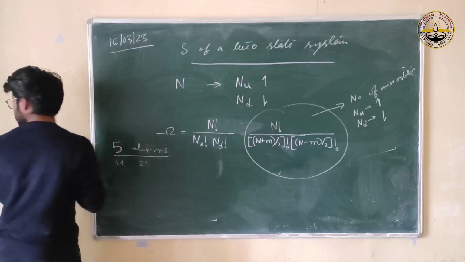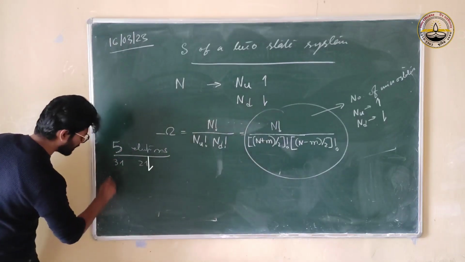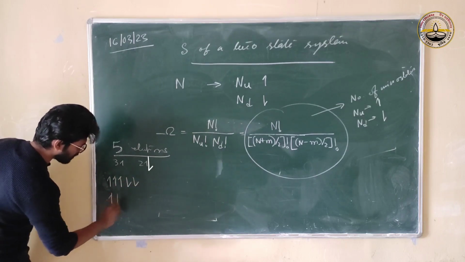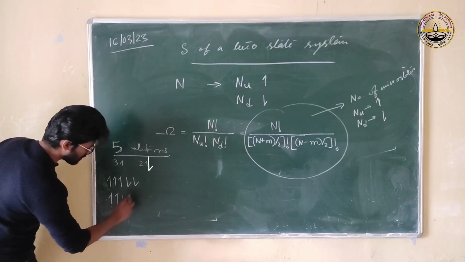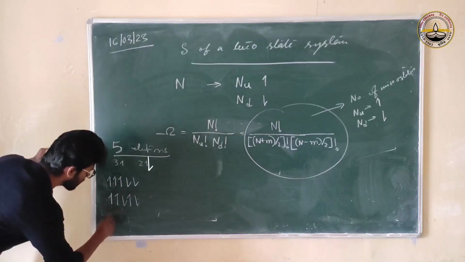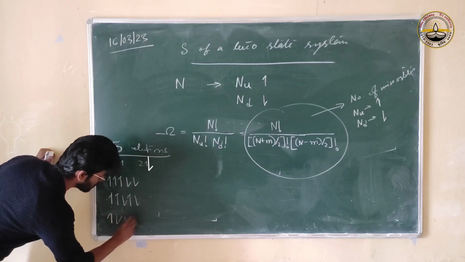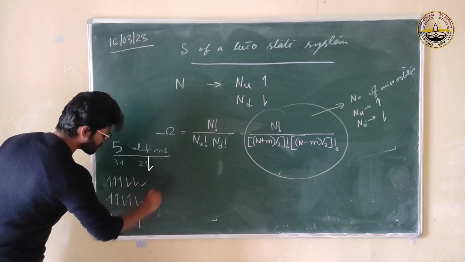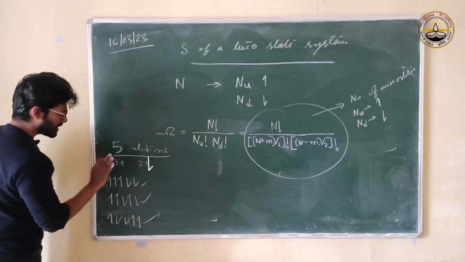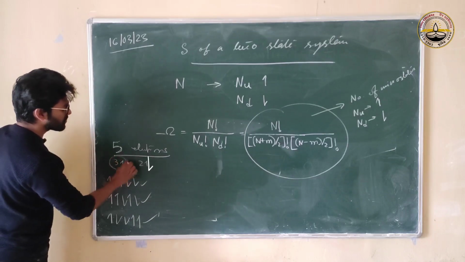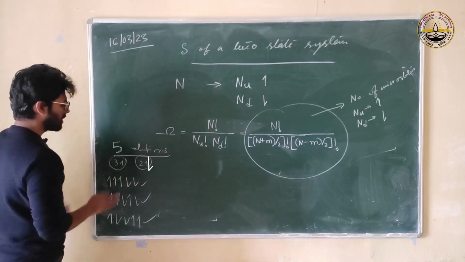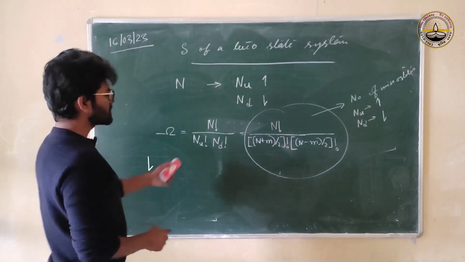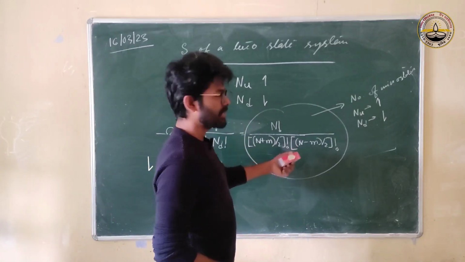So it could be either up, up, up, down, down, or up, up, down, up, down, or up, down, down, up, and so on. It doesn't matter. These are microstates. But what is the macrostate is that we want 3 of them up, 2 of them down. That's our macrostate. So this is the total number of ways you can do this.